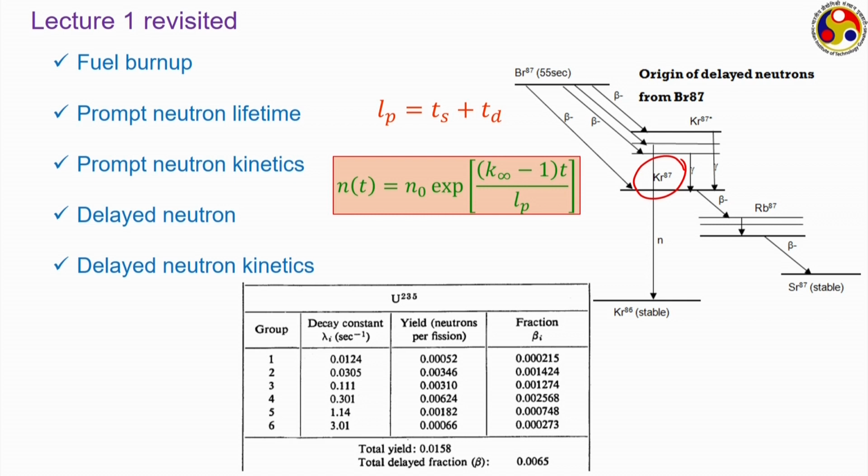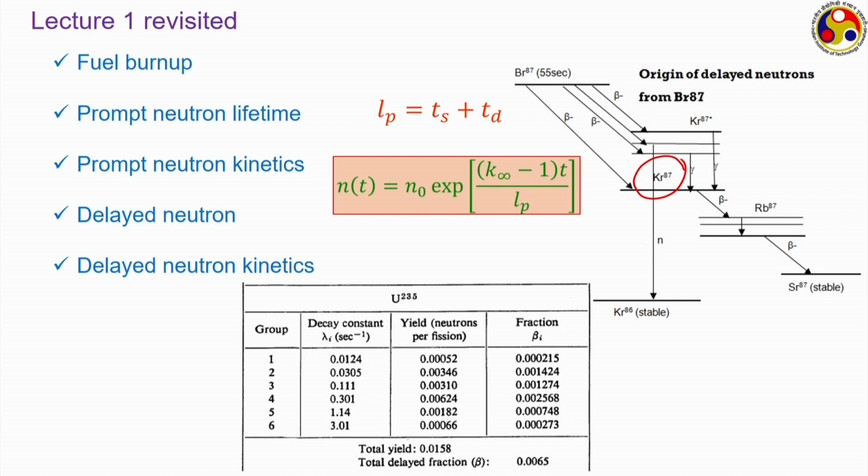These are the groups for uranium 235. For every group, the corresponding parameters like the decay constant and the fractional yield are averaged over the constituents, and hence instead of considering the constituents of each group, we can just take all of them together.